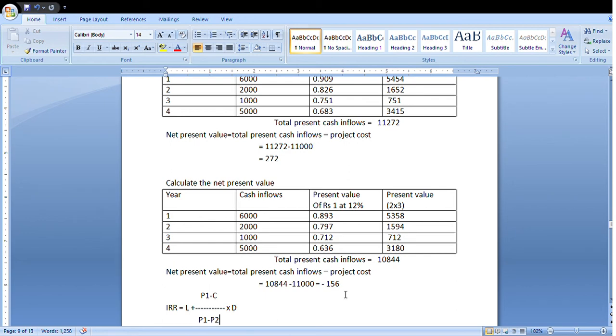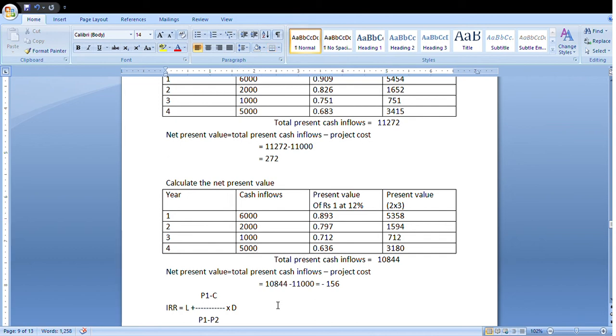It is a negative value. You calculate the net present value two times: one has a positive value, the second has a negative value. The first is 272, a positive value. The next is 156, a negative value.